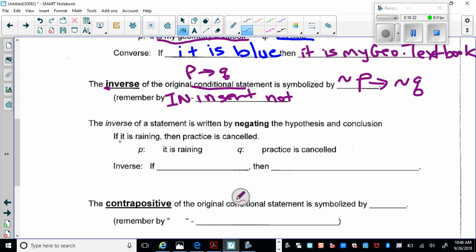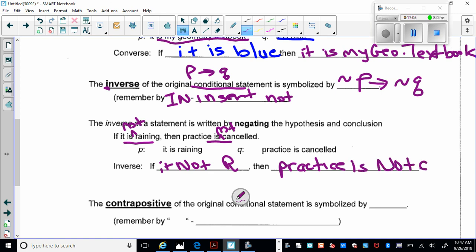It says here, if it is raining, then practice is canceled. The one thing you need to remember is you put the not, or the negation, in both the hypothesis and the conclusion. So you're going to put, if it is not raining, then practice is not canceled.